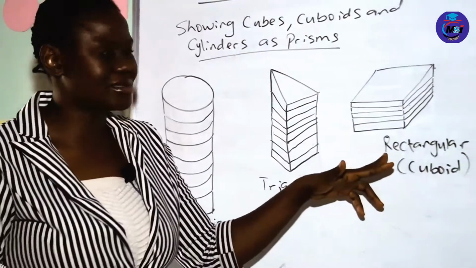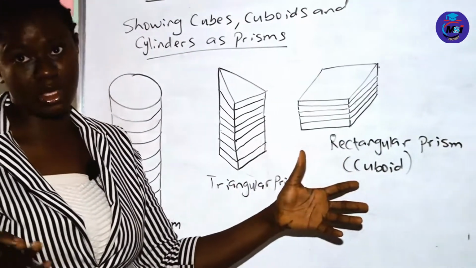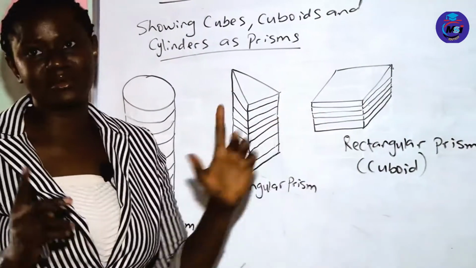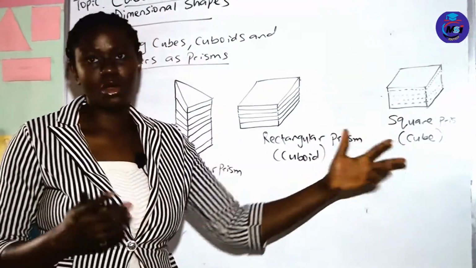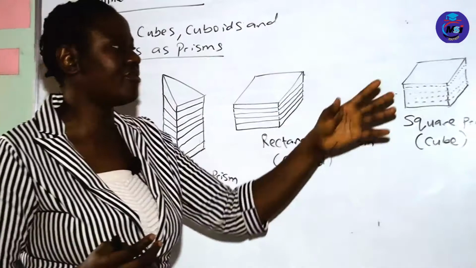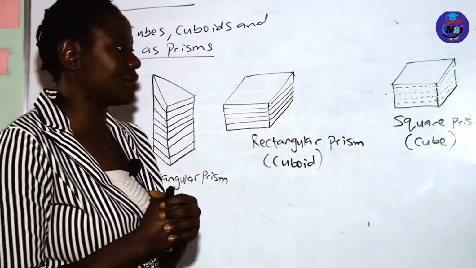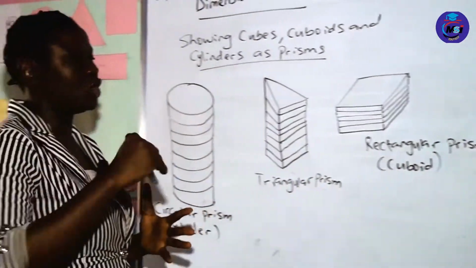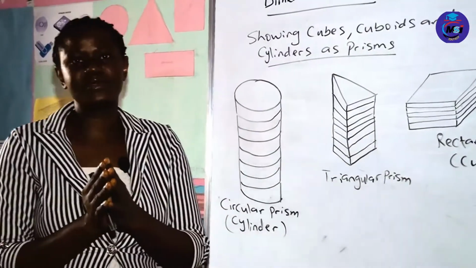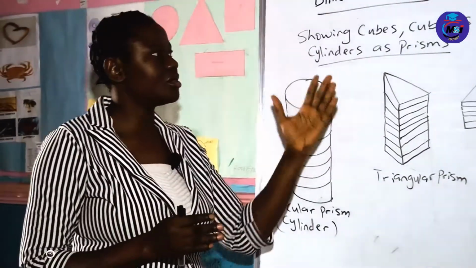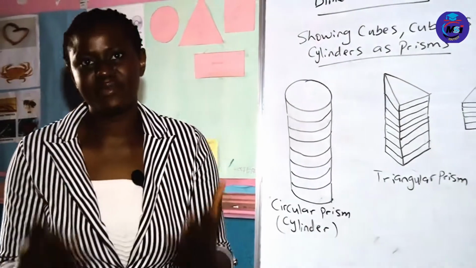This is a rectangular prism, a cuboid, with a rectangle as a basic shape. And this is a square prism, or you call it a cube, with the basic shape of the square as the uniform layers you get. So I hope you understood that. So cubes, cuboids, and cylinders are prisms.